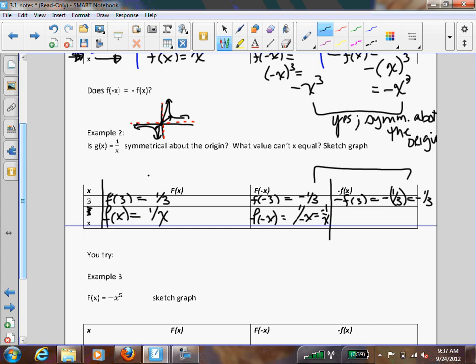Okay, what's my next step? Negative f of x, which is the opposite of 1 over x, which is negative 1 over x. Are these the same? So we're going to say it's symmetrical around the origin.